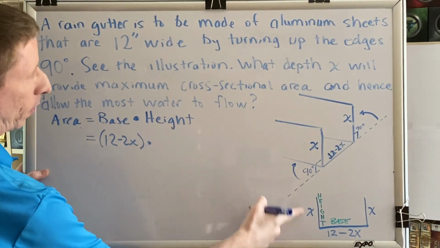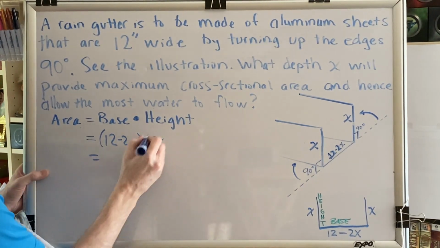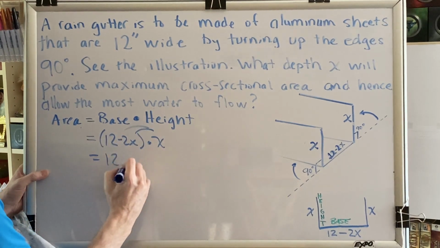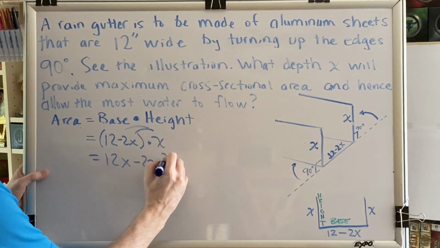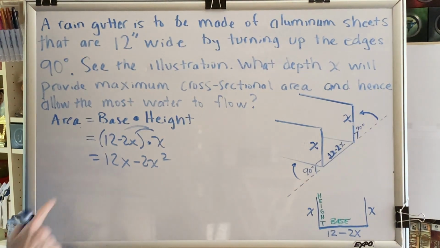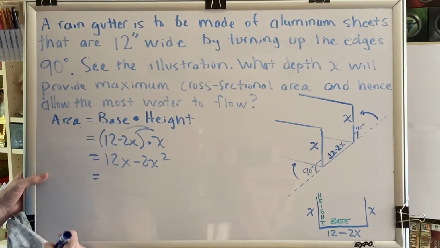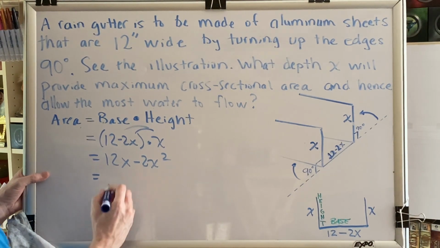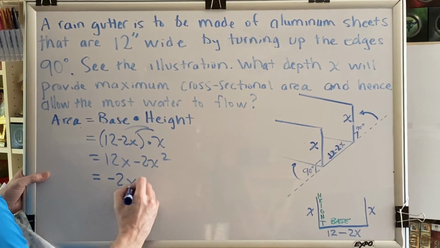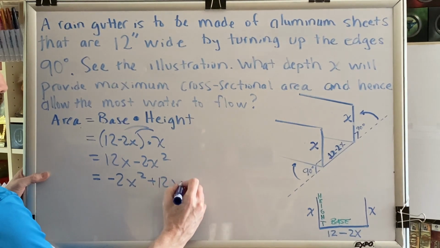The height in this problem is x. We'll distribute the x to get 12x minus 2x squared. And because we know they're asking us to find the most water, the maximum, we want to write this in a standard form for a quadratic, which is negative 2x squared plus 12x.